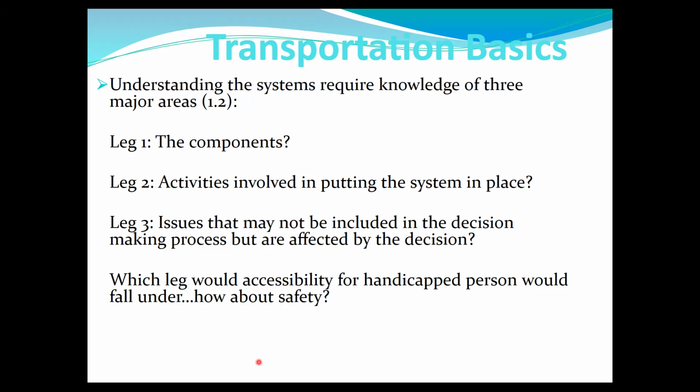So even today, 30, 35 years after the Americans with Disabilities Act was signed and enshrined into law at the federal level, you still see the impact, because we did not incorporate handicapped persons' travel needs into our system. You still see that the demand for travel by handicapped people is much lower.